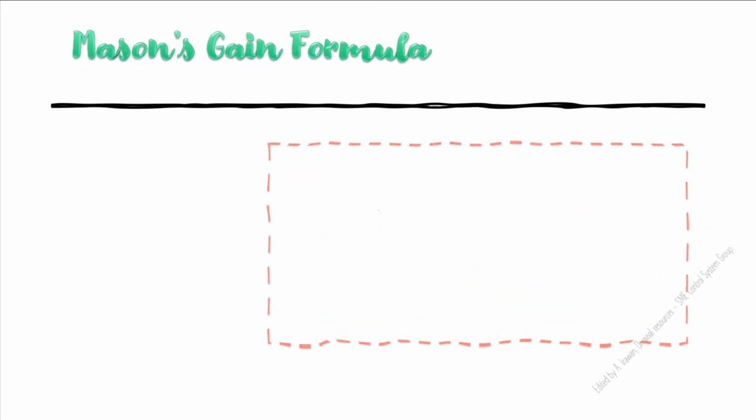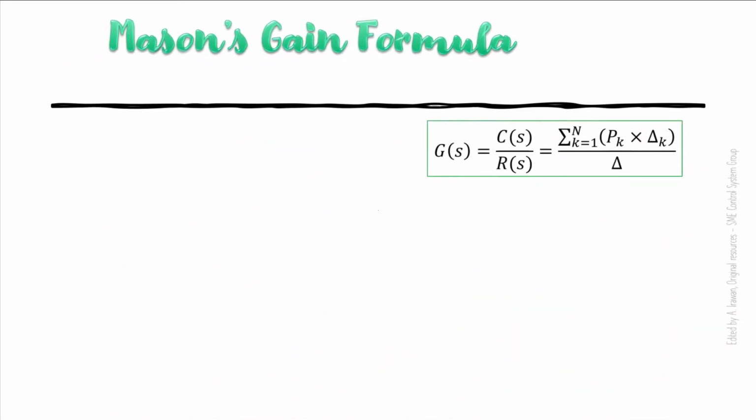Alright, so we go straight to the formula, more technical, more mathematics. This is the formula of the transfer function used by Mason's rule, Mason's formula. K is the number of forward paths.